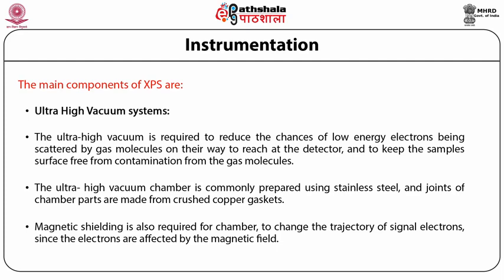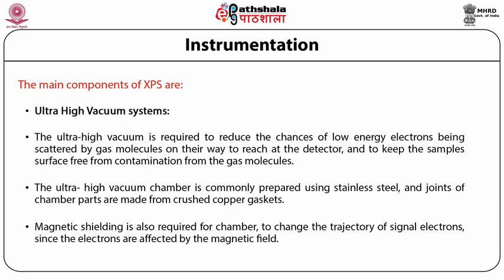Low energy photoelectrons and Auger electrons are easily scattered by the gas molecules. Scattering reduces the signal intensity and increases background noise in the spectra.